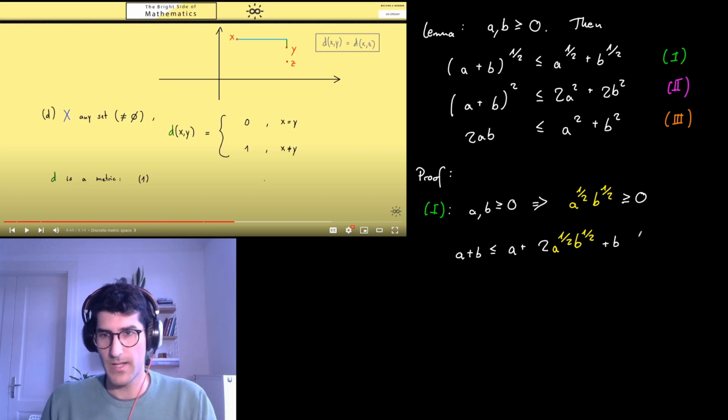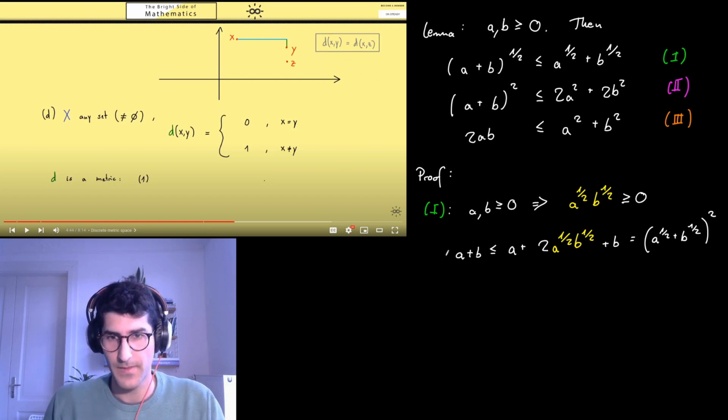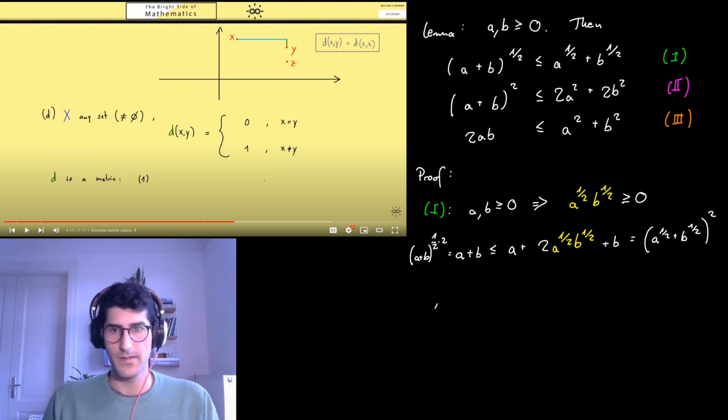But now, well, we know the first binomial formula. This is nothing else than (a to the 1/2 plus b to the 1/2) squared. On the other hand, a plus b is nothing else than ((a plus b) to the 1/2) squared.